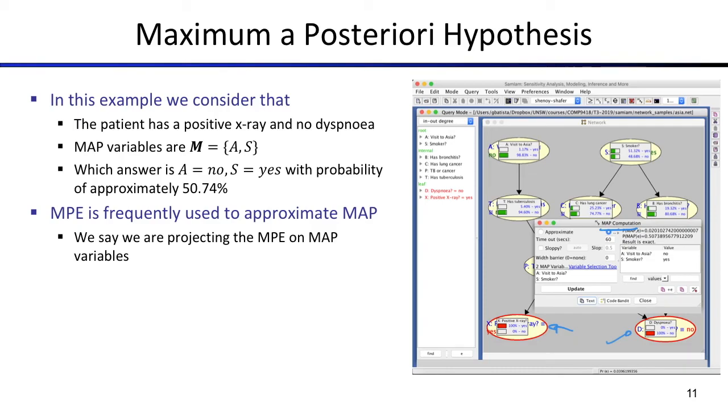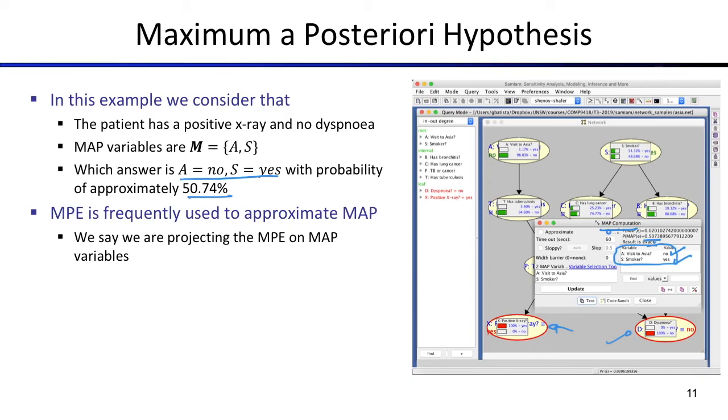In this case, the MAP variables are A and S. It computes and gives us the probability. In this case, the MAP probability is 50.74%. And the values for the instantiation of the MAP variables are A equal no and S equal yes.